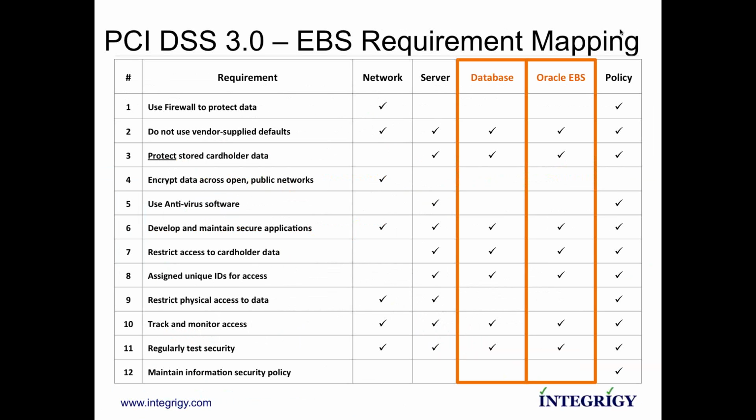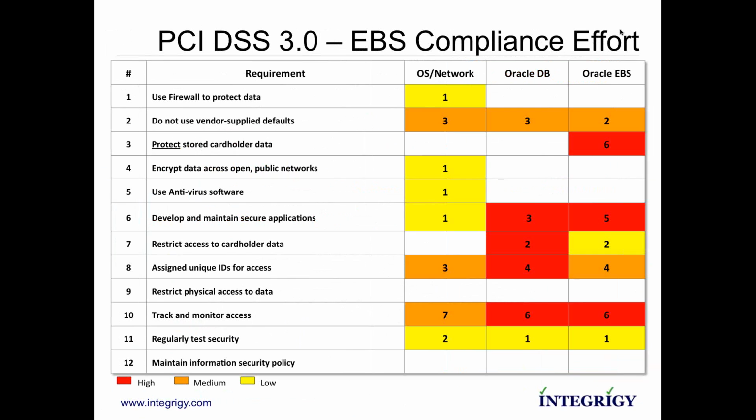And then what we've done on the right on this slide is we've broken out by the layer of technology, by the network, by the server, and then more particularly, the difference between the database and the application, in this case, the Oracle eBusiness Suite. And you can see from the check marks that though there are some areas that you can check off at the network level, there are many that on the other extreme you can only look at as far as adhering to the policy.